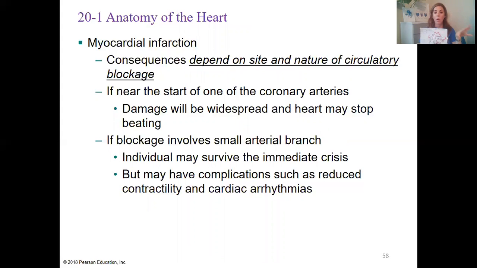So that is going to be widespread damage. However, if it's one of the little small, tiny branches that has branched off of the main branch, either the RCA or the LCA, then the damage is going to be less, because it was one of the smaller, tiny pieces that maybe just went to a smaller section of the heart instead of a very large piece.